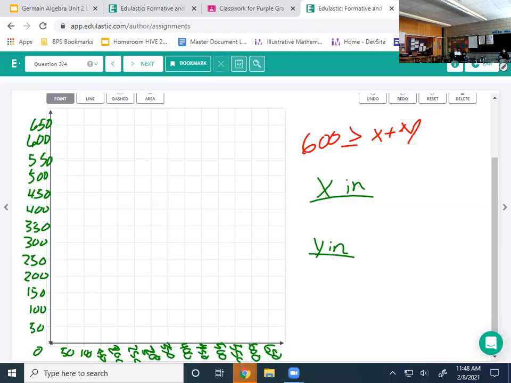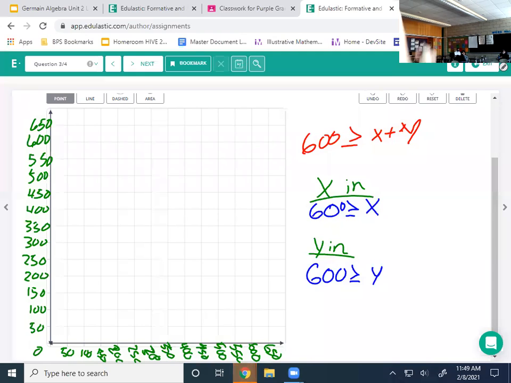Remember, intercepts are counterintuitive, meaning the opposite. So you plug 0 in for y. So we would say 600 is greater than or equal to x, right? And then we would say 600 is greater than or equal to y. So where are my intercepts going to be? On my axes where?